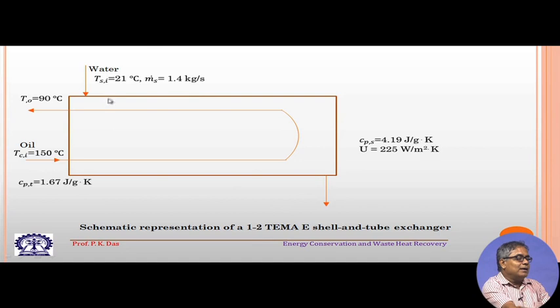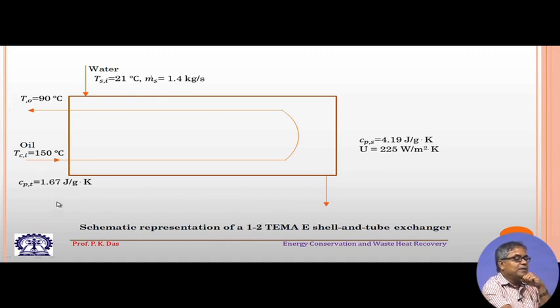So, water enters at 21 degree Celsius, shell side fluid, and mass flow rate is 1.4 kg per second. S denotes the shell side fluid, i is the inlet, outlet temperature of water is not known. Then tube side fluid, that is entering at 150 degree Celsius and it is going out at 90 degree Celsius.